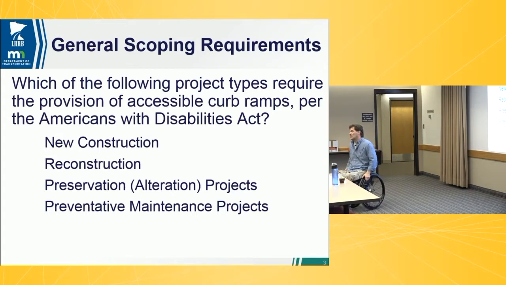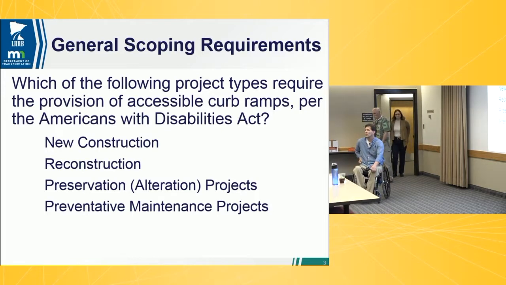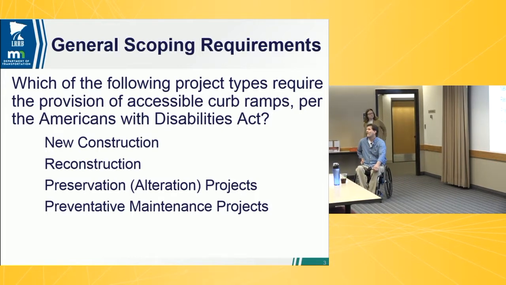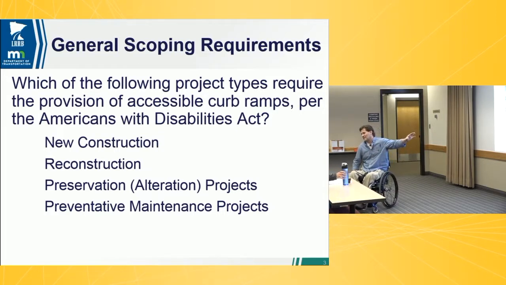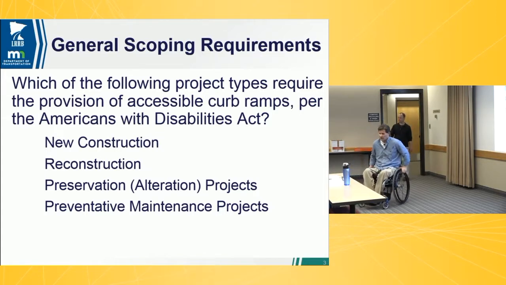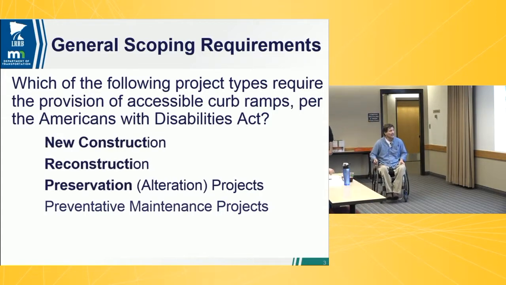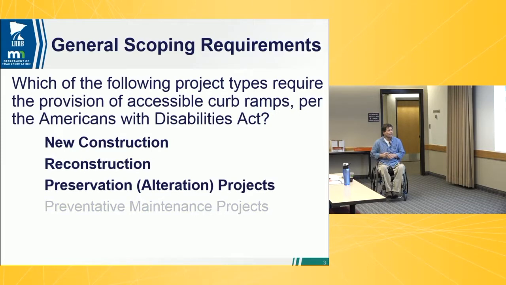Next one's a little bit of a trick question. Preventive maintenance projects. Do they require curb ramps? I see some people nodding yes, and it's kind of a trick question. It depends. The feds have different classifications of projects than some of us may have historically had, but we'll take a look at what those are. And so it is the top 3.